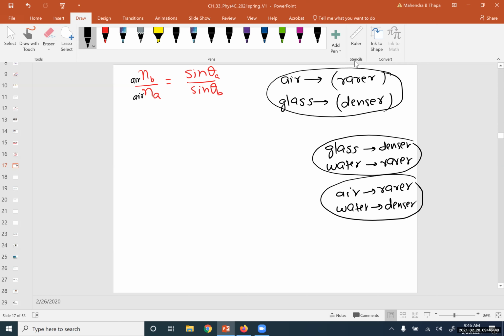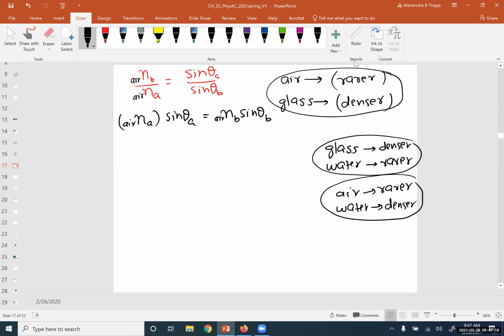So we can simplify like this. We can write the refractive index of medium A with respect to air times sine theta A equals the refractive index of medium B with respect to air times sine theta B. We generally don't write with respect to air.